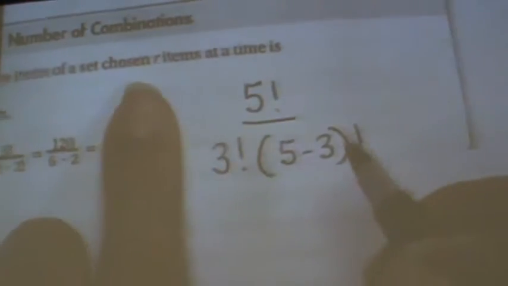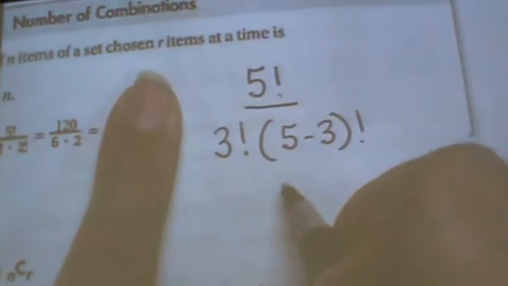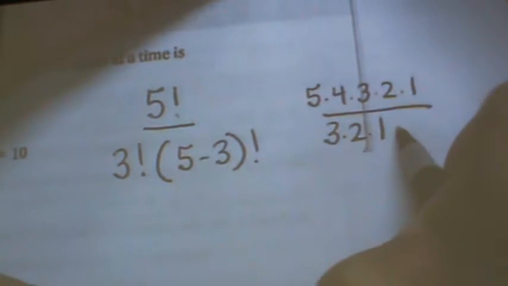Now let's do this by hand. First, 5 factorial is 5 times 4 times 3 times 2 times 1. 3 factorial is 3 times 2 times 1, and this is going to be 2 factorial. Well, these cancel, 3, 2, 1 cancels. 2 goes into 4 2 times, so what's left? 5 times 2 is 10. The answer's 10.